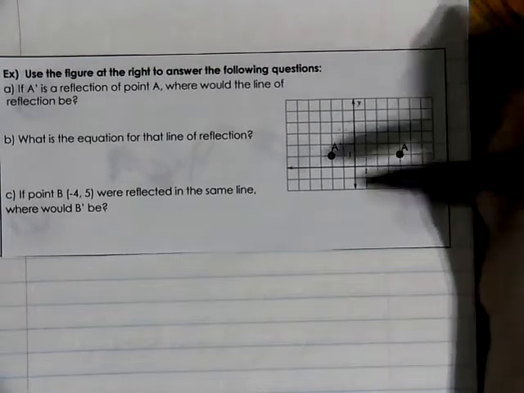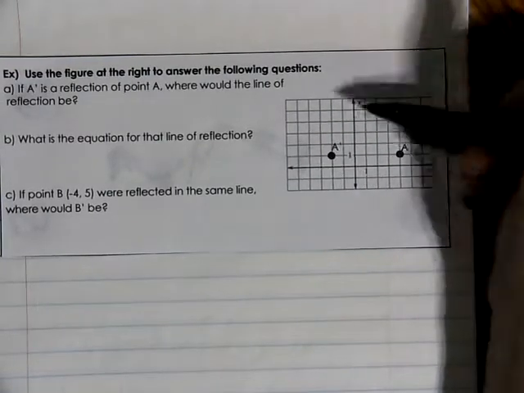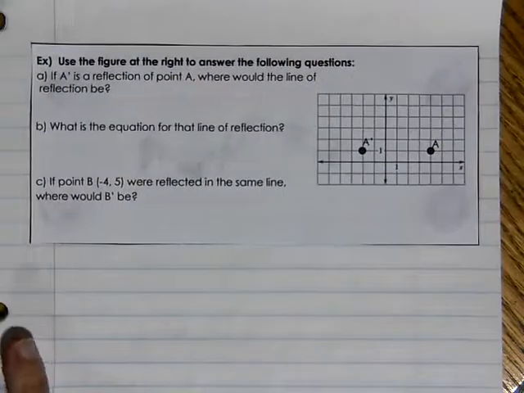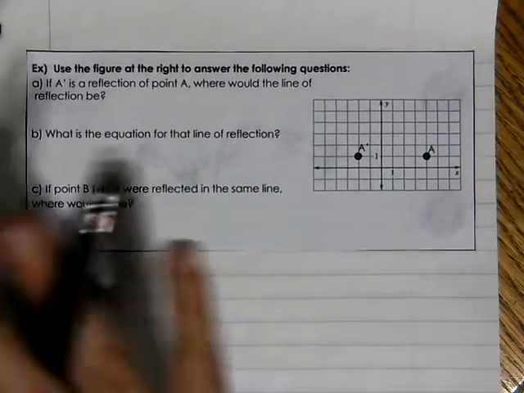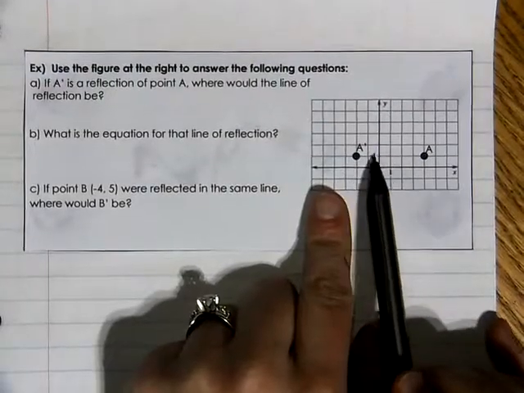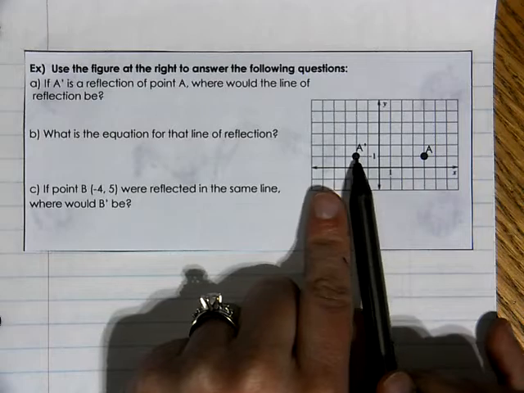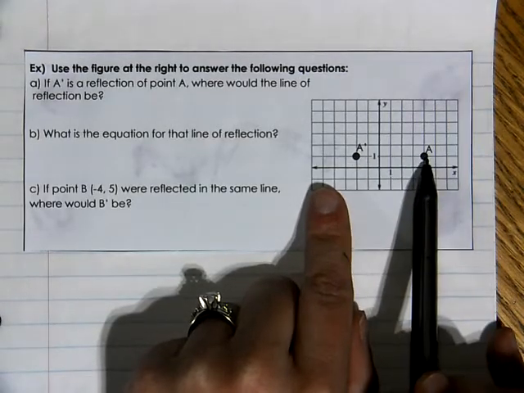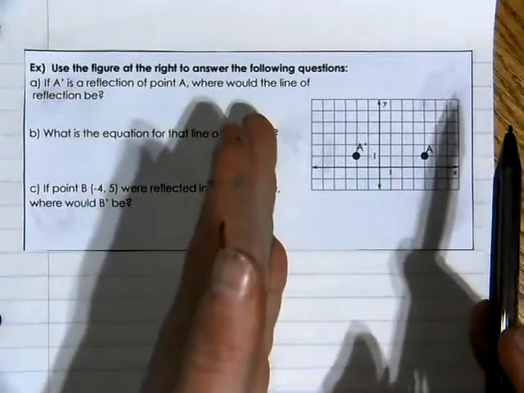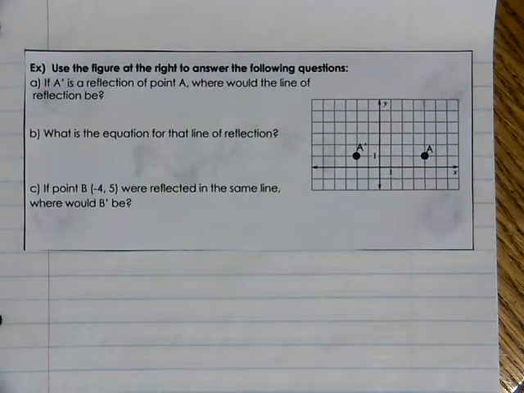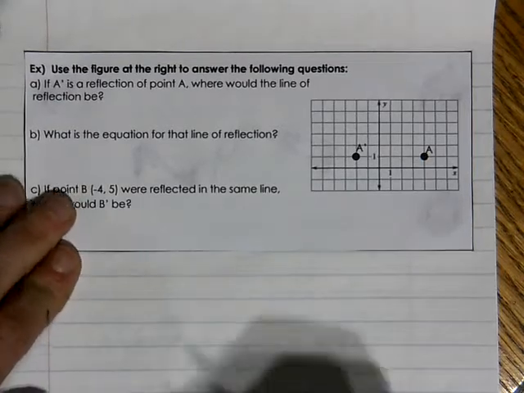If A prime is a reflection point of point A, where would the line of reflection be? Now this is where we're going to be using those properties. Remember that if we were to draw a segment in between these 2 points, the line of reflection has to be the halfway point going through the midpoint of these 2 segments. So where would it be located?